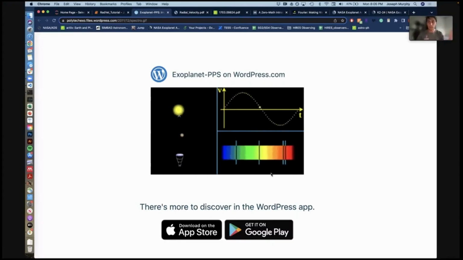And as it's traveling away from us, the star's spectrum will look red shifted, or it will be moved towards lower frequency or longer wavelengths. And so we can detect this shifting of the light in various spectral lines in the star. And by measuring that wobble, you can measure the mass of the planet, because you can imagine a more massive planet will induce a bigger wobble.